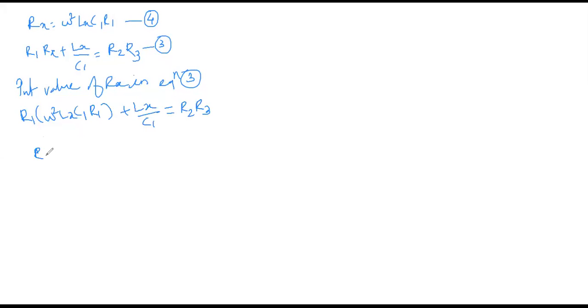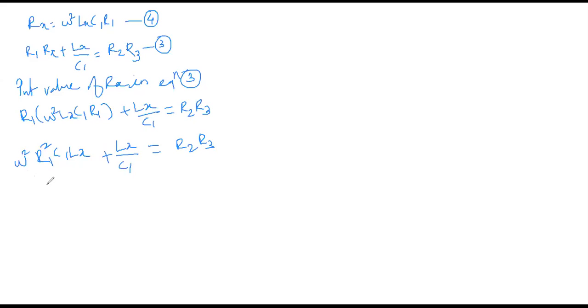So this is omega square R1 square C1 Lx plus Lx divided by C1 is equal to R2 R3.